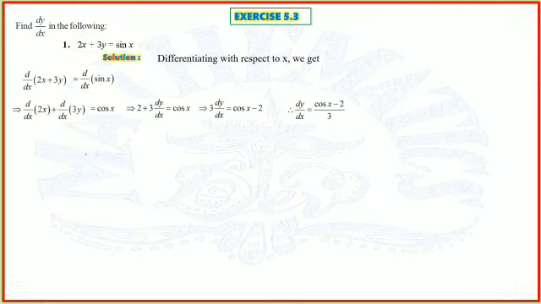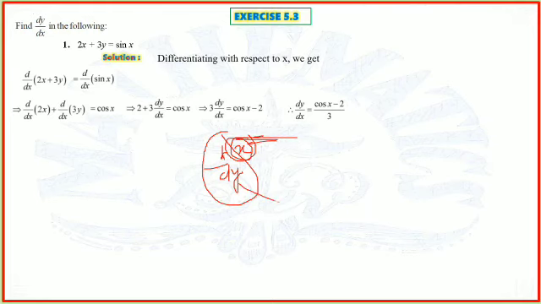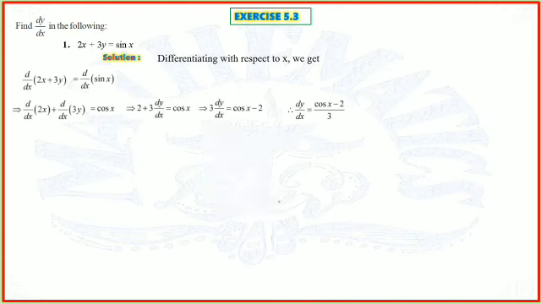Sometimes a question may be like this, where x is given and you are asked to differentiate it with respect to y. So you will be writing d over dy, since we are asked to differentiate with respect to y. So the operator will be d over dy, and then the variable x we have to differentiate. Now this time x is the dependent variable and y is independent.